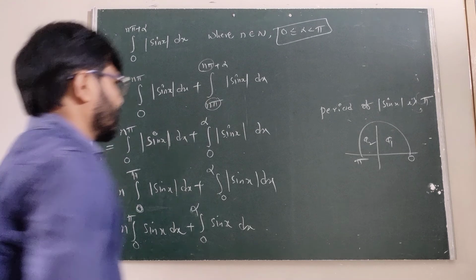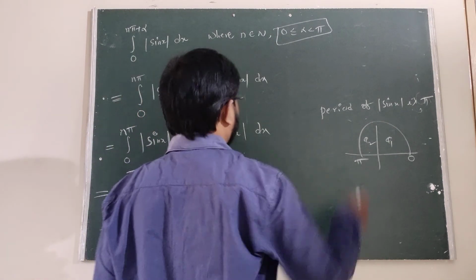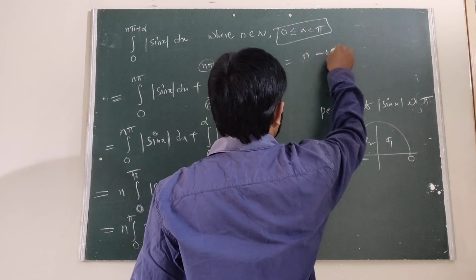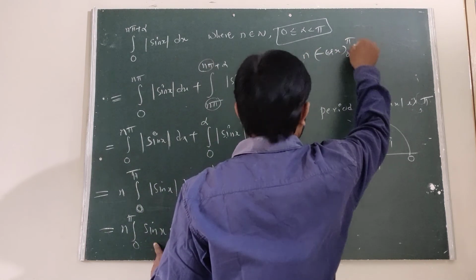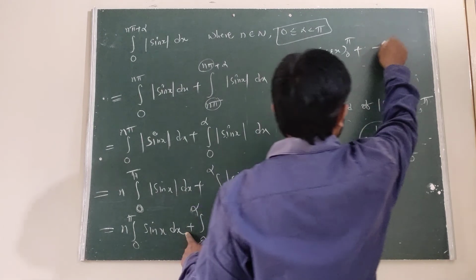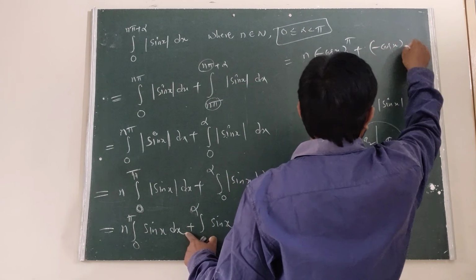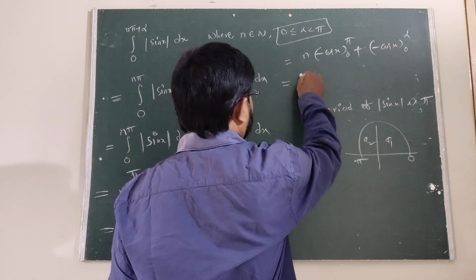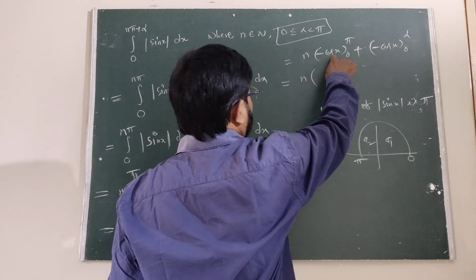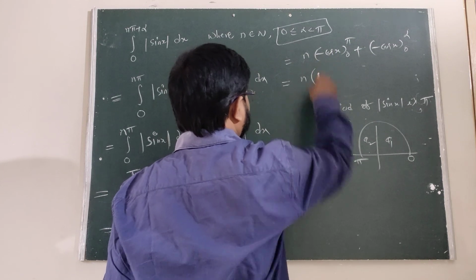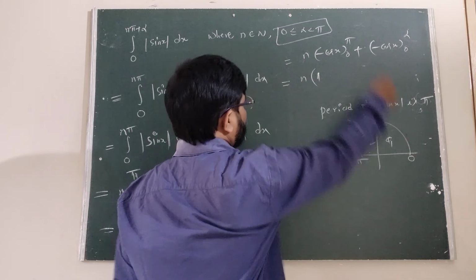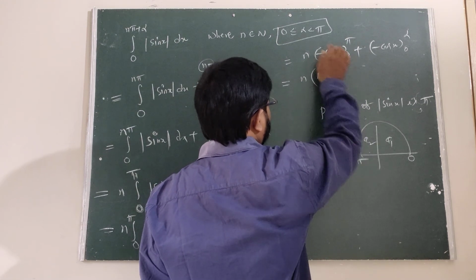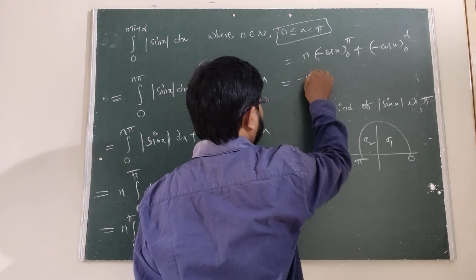Therefore here the integral of sin x, we know that the integral of sin x is minus cos x from 0 to pi, and now there is minus cos x from 0 to alpha. Therefore we can write n times cos pi is minus 1, minus of minus, plus 1. Cos 0 is 1, already there is minus of minus, plus 1. Suppose if you don't know, we can write the minus outside.